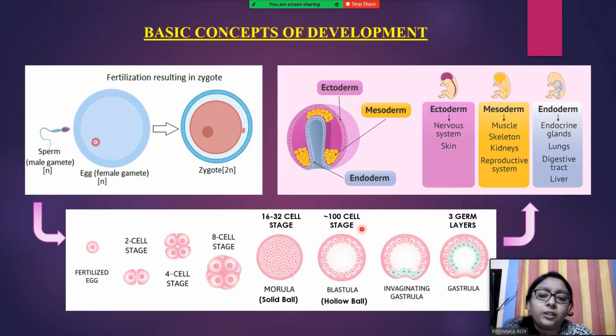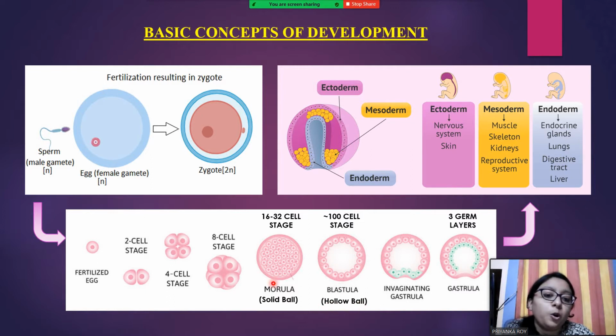Like around when it reaches around 100 cells, what happens is that it forms a structure known as blastula or blastocyst. What is the speciality of this structure? The cells get arranged themselves at the boundary of the ball. So that is why it is known as a hollow ball.